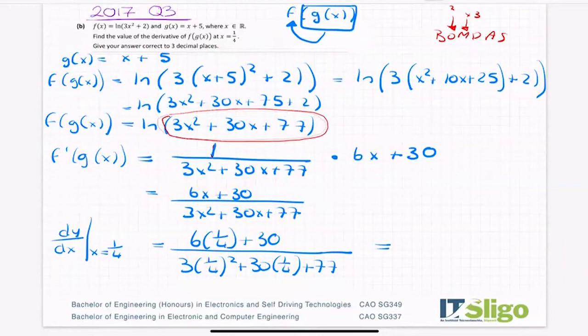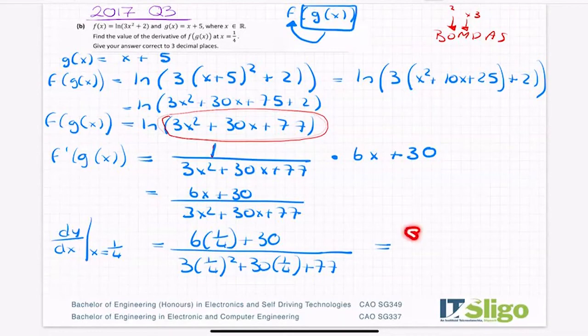So put that into your calculator. Plus 30 on the top, on the bottom 3. And your calculator is automatically programmed to do BOMDAS, so it will do the quarter squared before it multiplies it by the 3, plus 30 times a quarter, plus the 77.